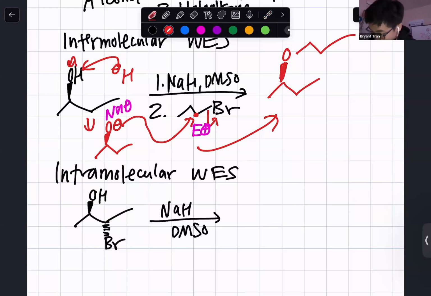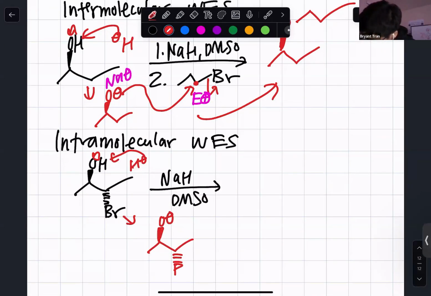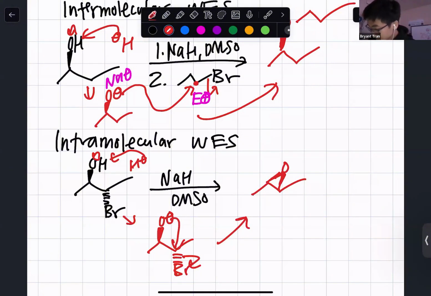So H- here deprotonates the alcohol, creating the O minus, and then once we have that nucleophile, this O minus attacks that carbon, kicks out the leaving group, inverts stereochemistry, and forms that epoxide right there. Right. This is the new bond that gets formed, which is the inversion of that dash bond right there.